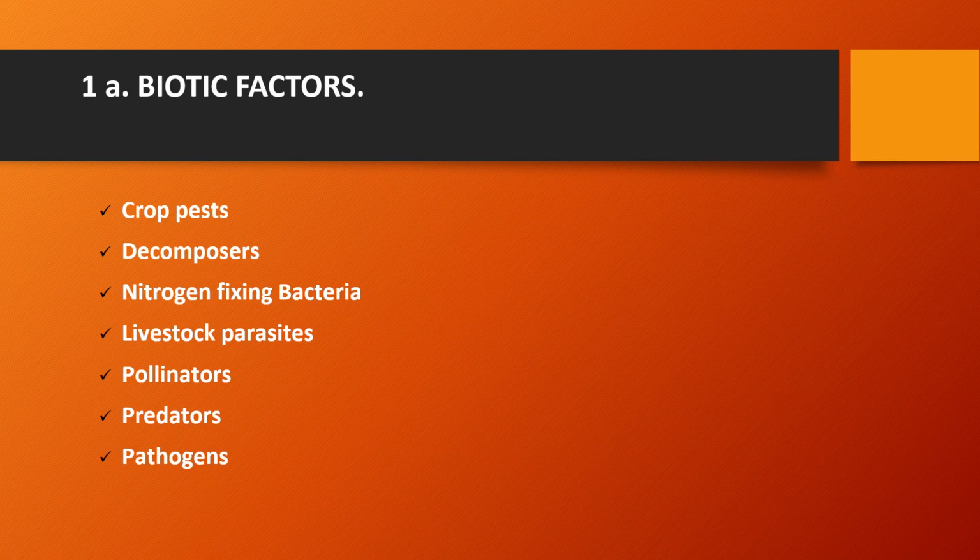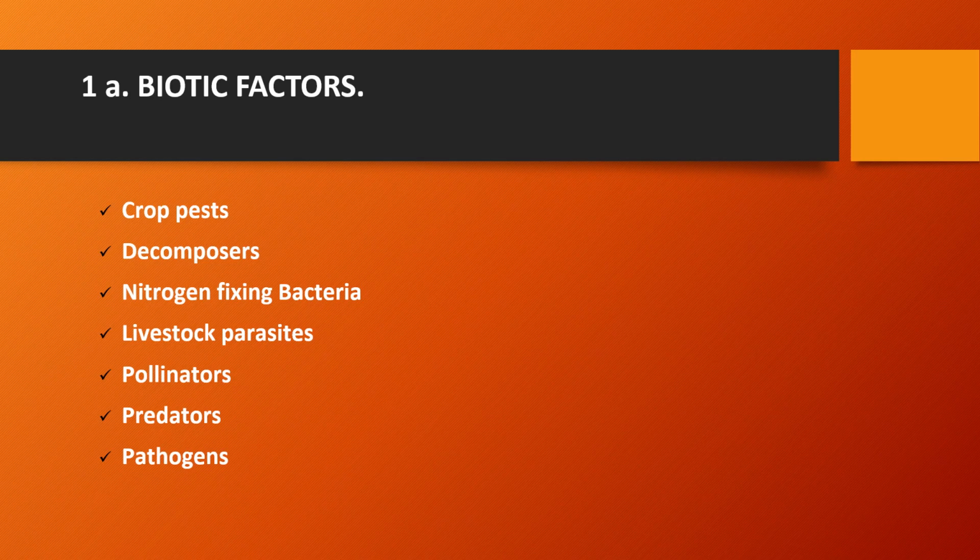We have also pollinators, those that transport pollen grains from one plant, which is a male, to another one, a female plant. Mostly they are used in production. They also have an effect on agriculture. We have also predators.